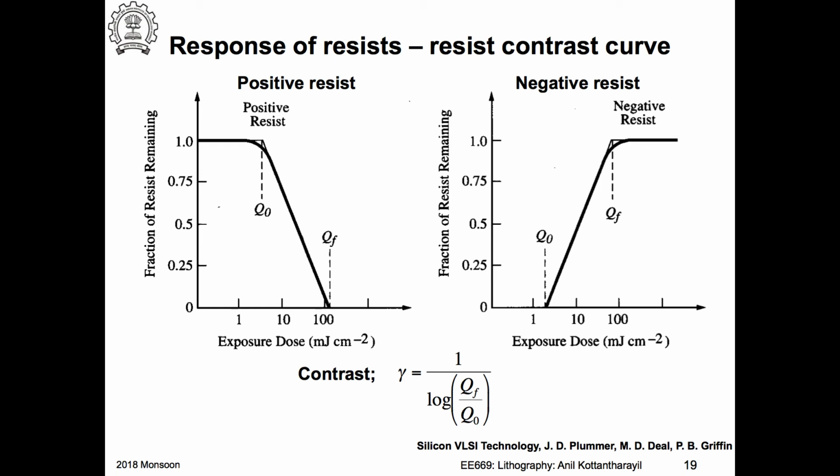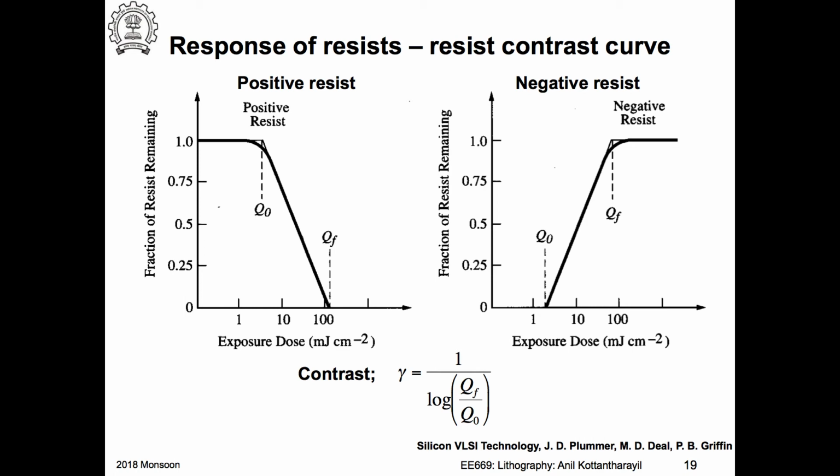Okay, so integrate the light intensity as a function of time. Usually these are constants, right? You are not going to change the light intensity as a function of time. So you just take the intensity of light in watt per unit area and multiply it with the time, so you get the energy per unit area.